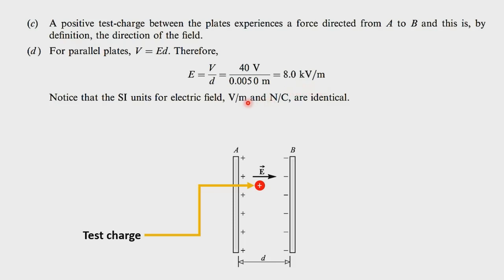Now, in our previous lesson the electrical field should be in newtons per coulomb, but volt per meter is simply also equal to newton per coulomb. So this unit also refers to the electrical field in the SI, or Standard International, unit.